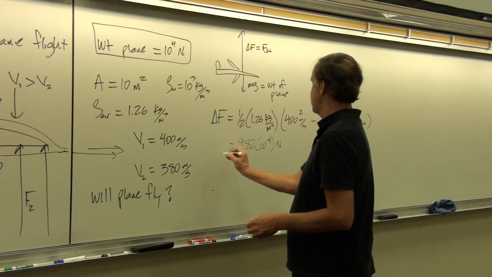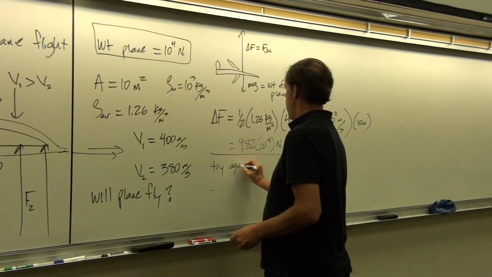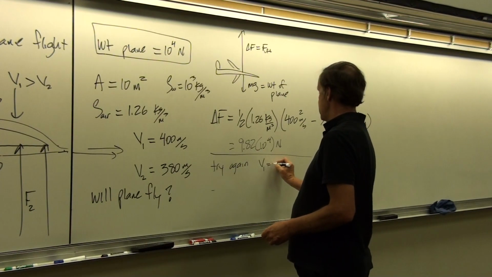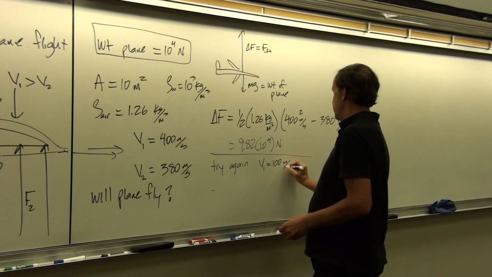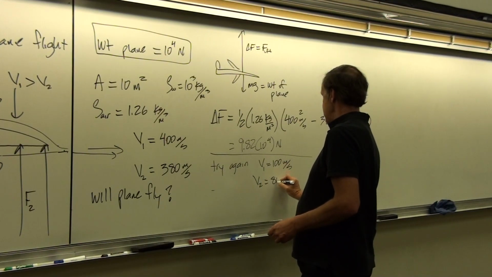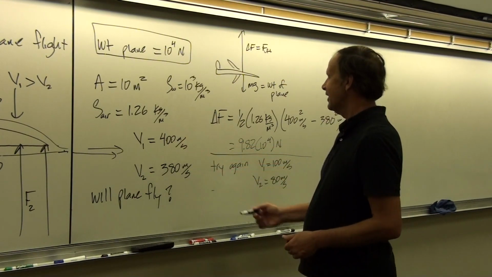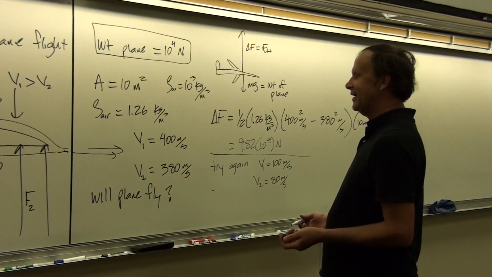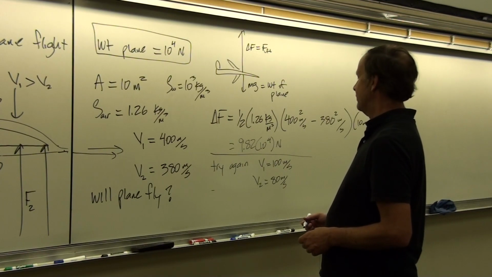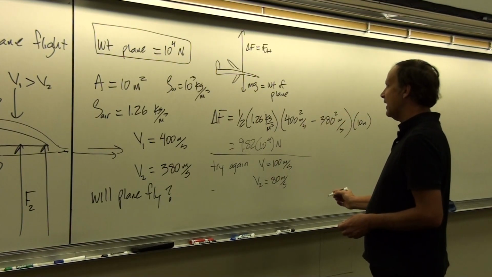So let's try this now with V1 equaling 100 meters per second and V2 equals 80 meters per second. So you might think, well, the difference in the velocity is the same, so therefore we would have the same lift force. But no, because it goes like the square of the velocities.